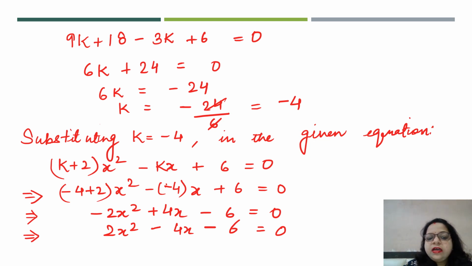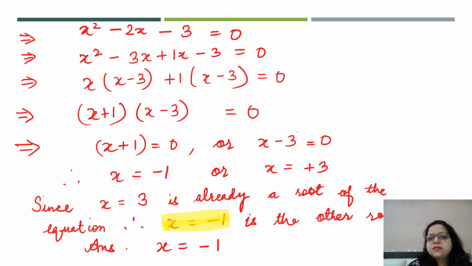Minus 2x square plus 4x plus 6 is equal to 0, or 2x square minus 4x minus 6 is equal to 0. Now x square minus 2x minus 3 is equal to 0. So x square minus 3x plus 1x minus 3 is equal to 0.